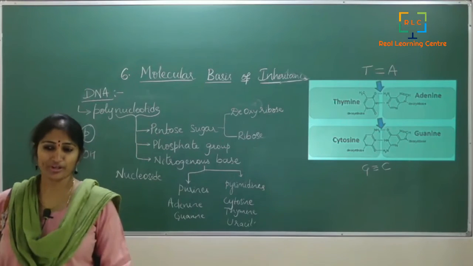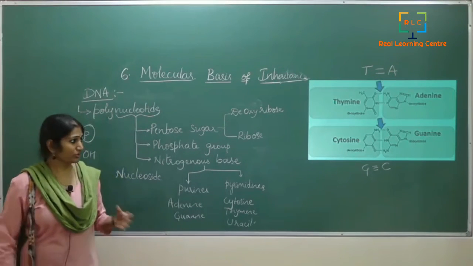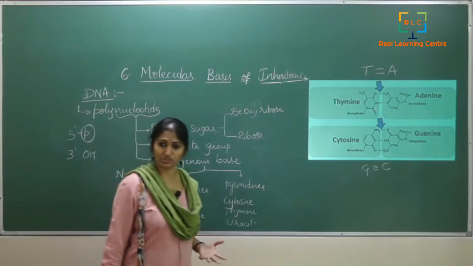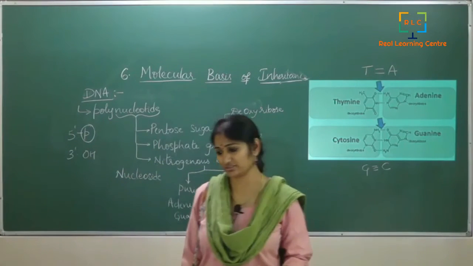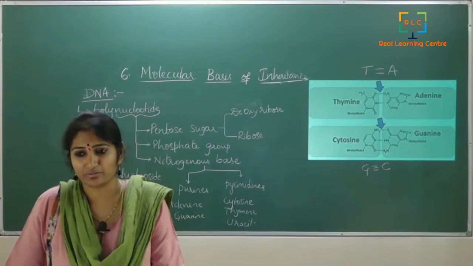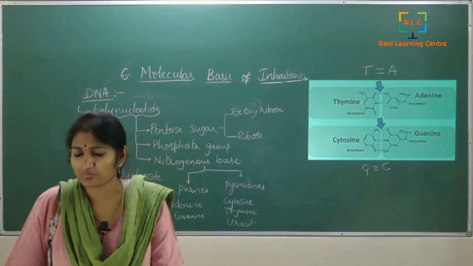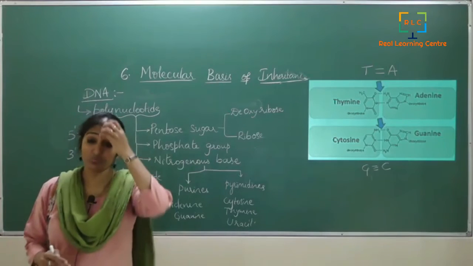Okay, now talking about RNA, RNA is slightly different because of the presence of the OH group. RNA has only a single polynucleotide chain, and it does not form two polynucleotide chains.